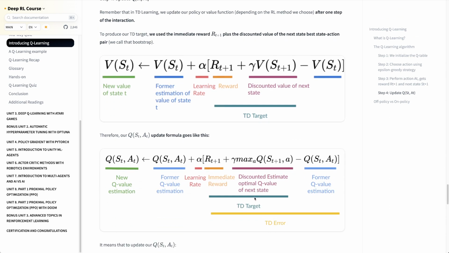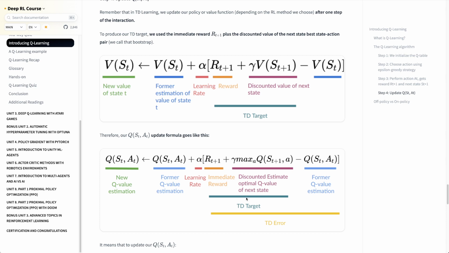Therefore, our Q state-action pair update formula looks very similar, right? So Q state-action is changed by the former Q state-action estimation plus the learning rate times this factor, where this is the TD target.